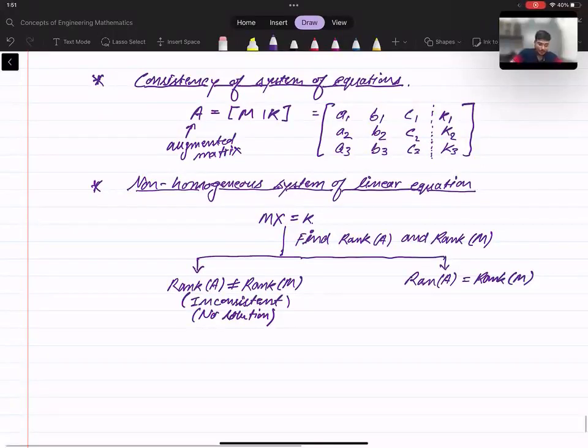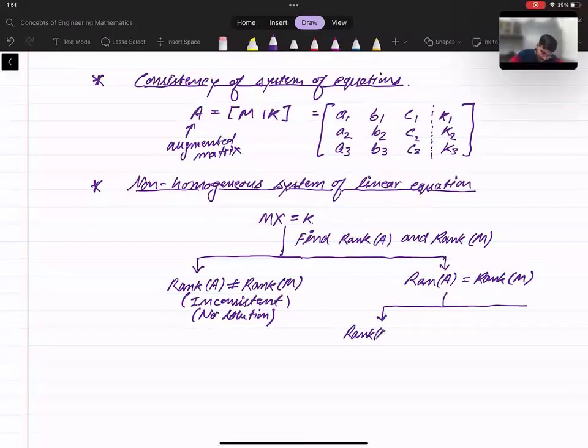The ranks of A and M may be either equal to the order of the highest order minor, meaning the order of the augmented matrix, which will be nothing but the number of variables. This will be the highest order possible. So suppose rank of A is equal to rank of M, and this is equal to the number of variables. Here let us write that n variables.